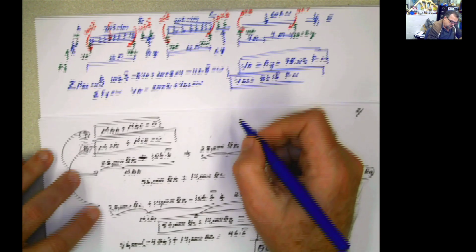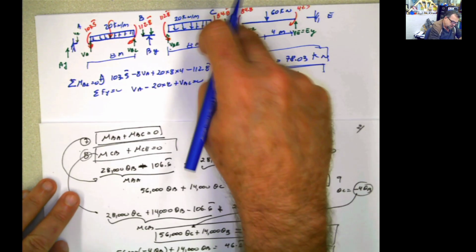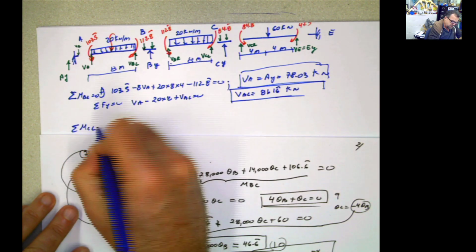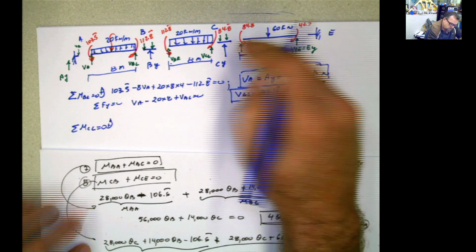Now we proceed and we go to the next one and we do summation of moments at C on the left right there. Summation of moments at C on the left side equals 0. Then what do you get if you do moment here?